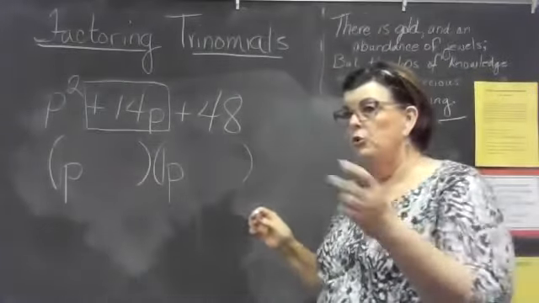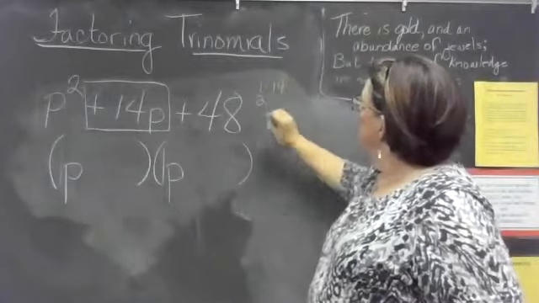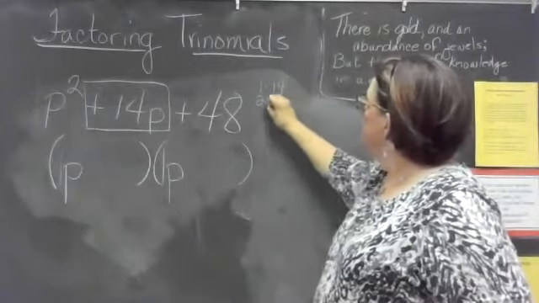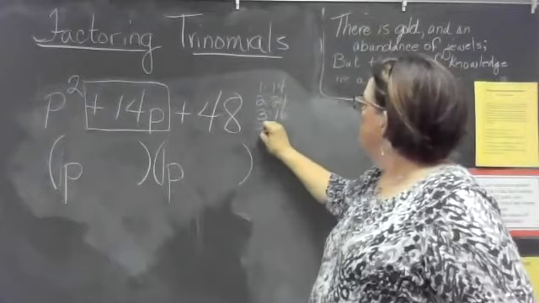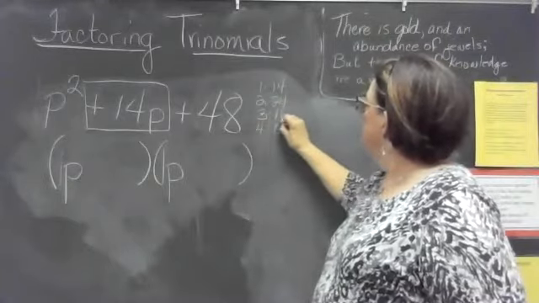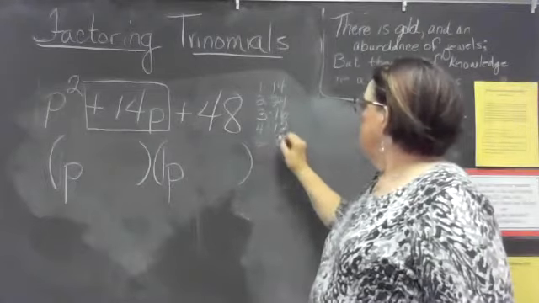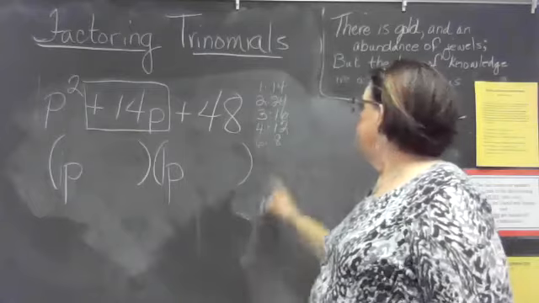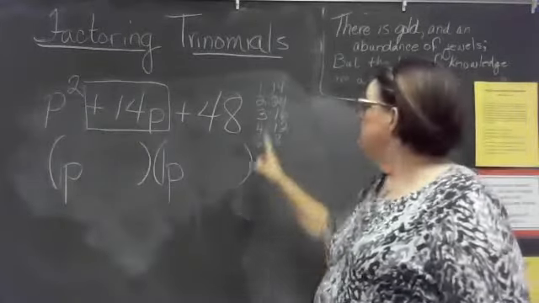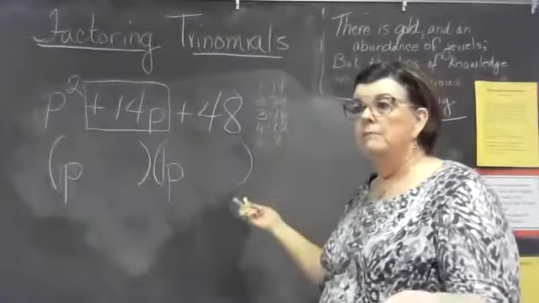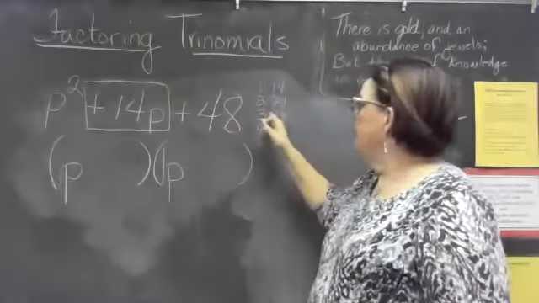Now, some people can do this quickly, but we're going to do 1 times 48, 2 times 24, 3 times 16, 4 times 12, 5 won't go in it, 6 times 8, 7, and then 8 is our next one, and we're through because we've already used our 8. See how I go in order? That's how I know when to stop. Yes, we're finding out all the factors of 48.